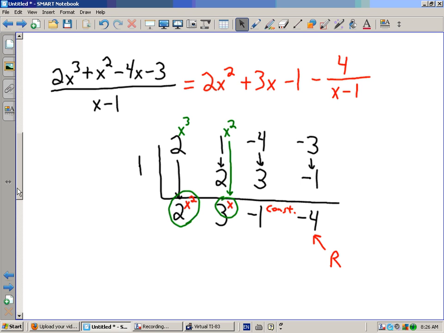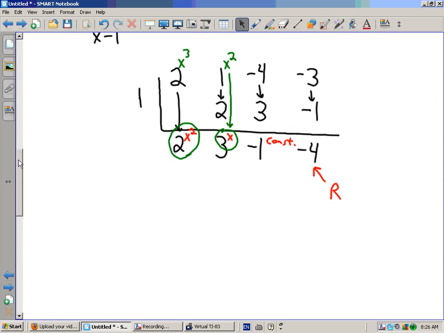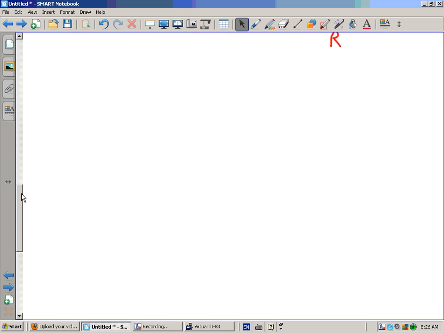Now we run into the same quandary that we had in long division, which is what do we do if we have missing terms? And the answer is we do the exact same thing. We sub in a 0 for that missing term. For example, if you have 2x cubed minus x plus 3 divided by x minus 1.